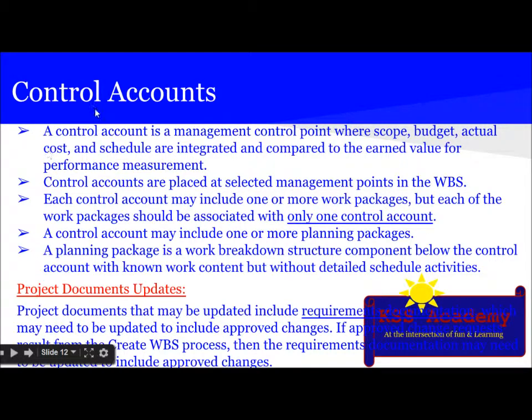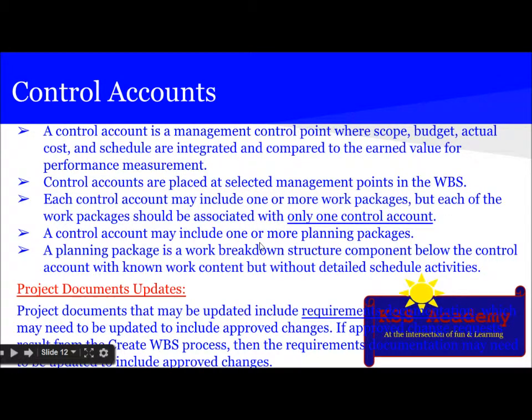Let's see in detail what is control account. A control account is a management control point where scope, budget, actual cost, and schedule are integrated and compared to the earned value for performance measurement. Control accounts are placed at selected management points in the WBS. Each control account may include one or more work packages, but each work package should be associated with only one control account.